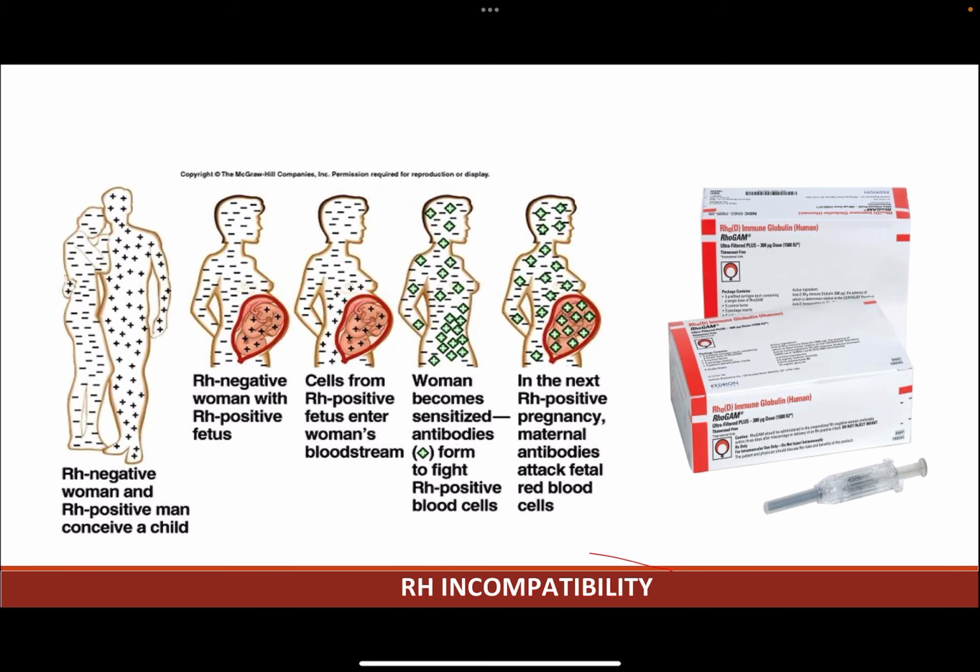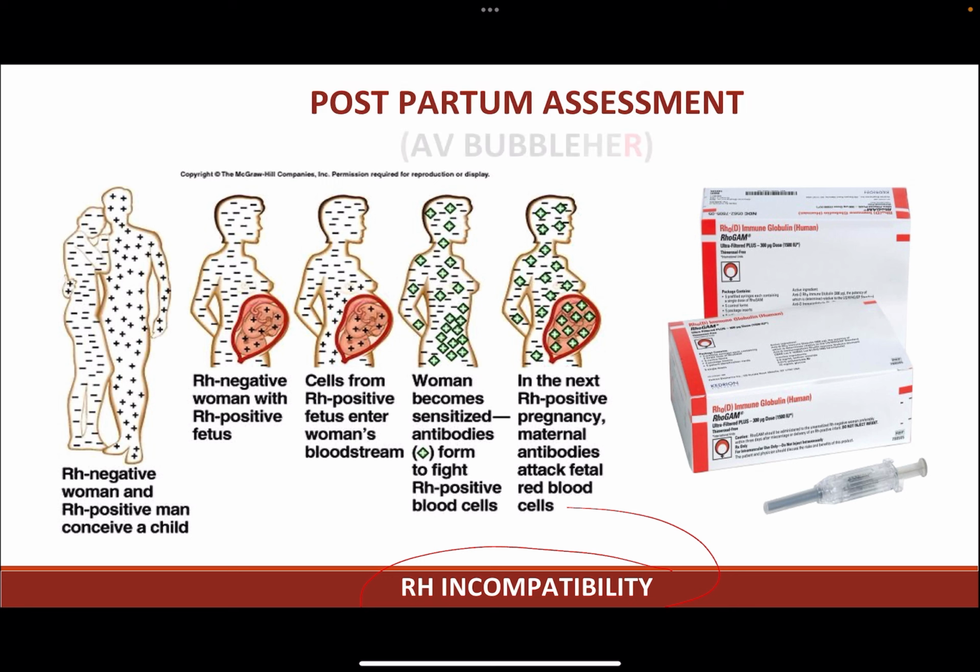In the postpartum assessment, there is Rh negative. For example, if the female is negative and the male is positive, the baby may be positive. After cells from the Rh-positive fetus enter the woman's bloodstream, she will have sensitized antibodies.